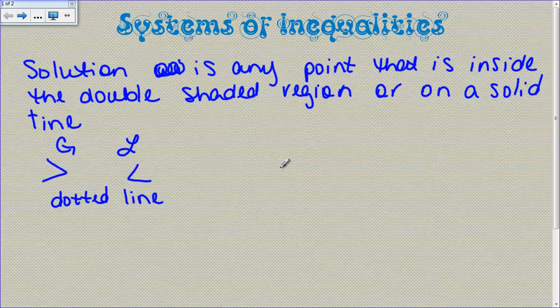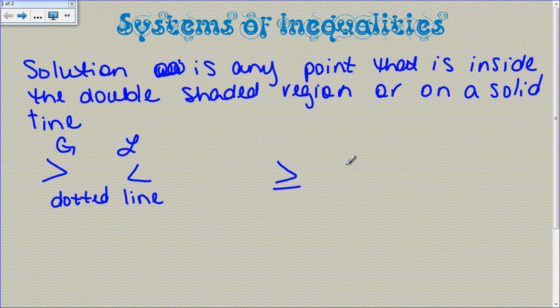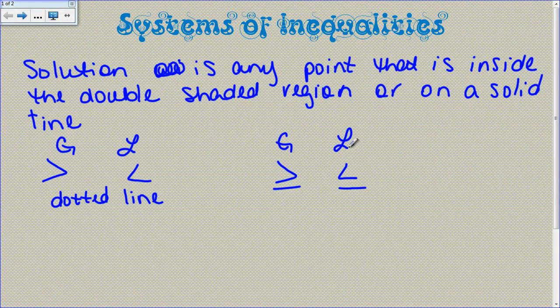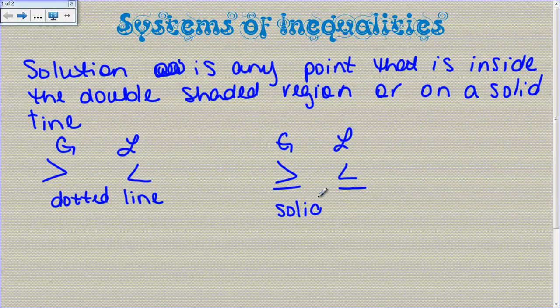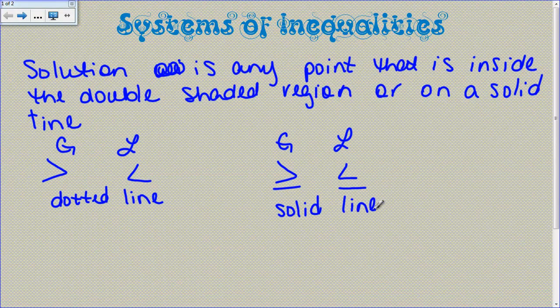If I have greater than or equal to or less than or equal to, then instead of a dotted line, I get to put a solid line, because points on these lines do count as part of the solution because they are or equal to.